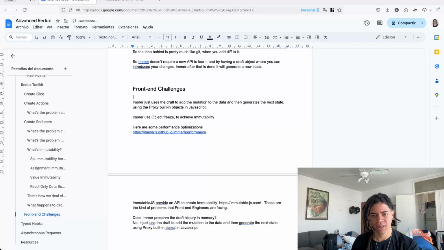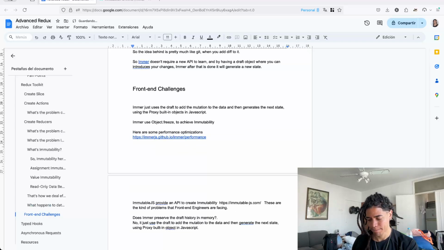So the front-end challenge is exactly that. So, front-end challenge. Data. Exactly, the front-end challenge. Assignment immutability versus value immutability. Yeah, assignment immutability versus value immutability.